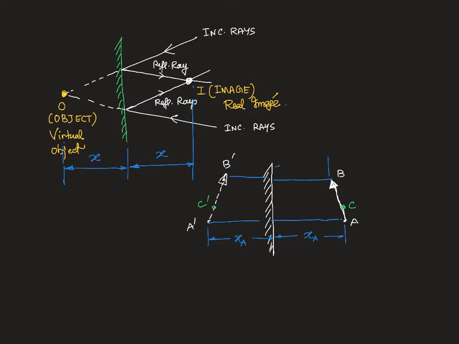For B, the distance is xb, and B dash is the same, xb. So point to point, xc is also xc. So for every point in the extended object, you get an image. So for the whole extended object, you get an image.